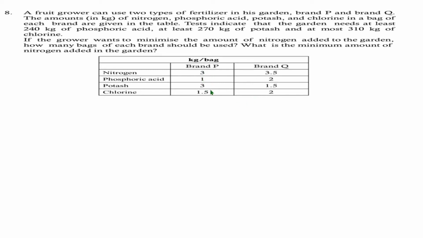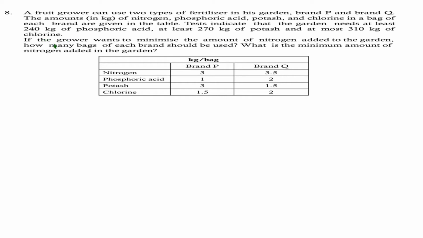That is, the amount is given in kg per bag. And they have also given that tests indicate that the garden needs at least 240 kg of phosphoric acid, at least 270 kg of potash and at most 310 kg of chlorine.